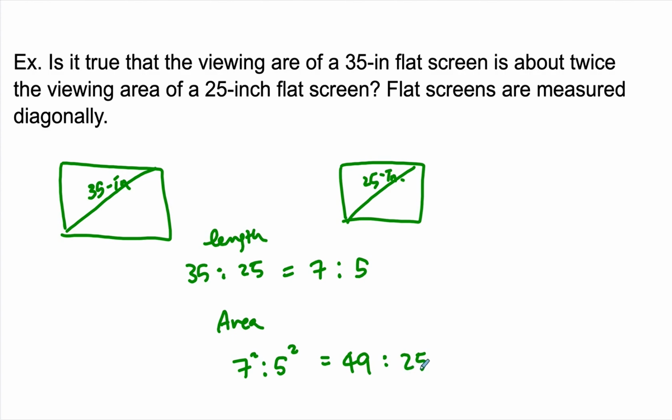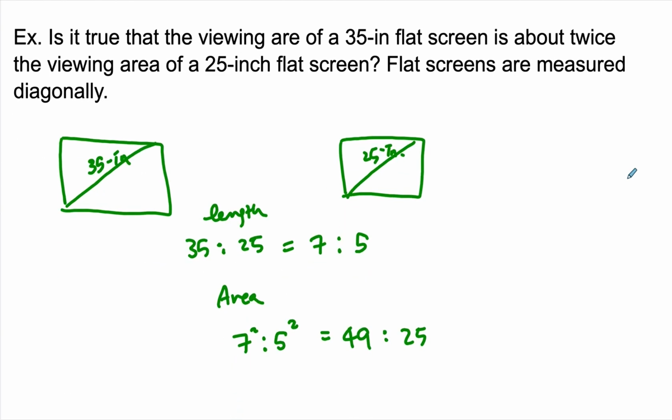I would say yes, because twice of 25 is about 50, right? Even if 35 is not twice of 25, twice of 25 is 50, so the area is about twice. So that's that. That's the end of this section. So if you have any question, please let me know.